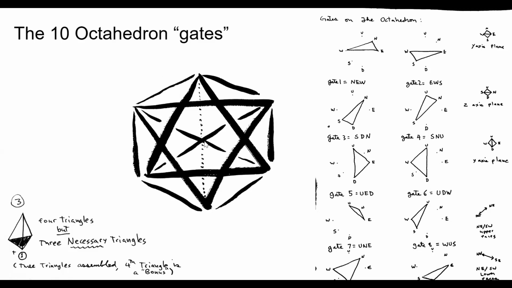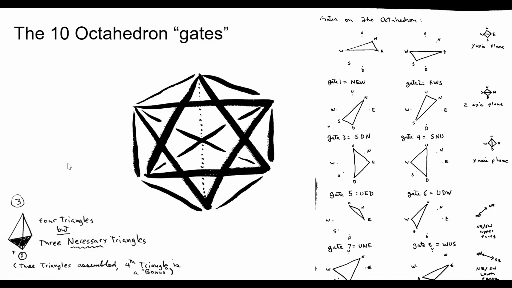So this is the octahedron, which is the graph of the hemicosahedron. And there's a little bit of an explanation why not every possible triangle is covered. If you want to make a tetrahedron, you need 3 triangles. It's got 4 triangles in it, but you just need to assemble 3 triangles, and then you get the 4th for free.